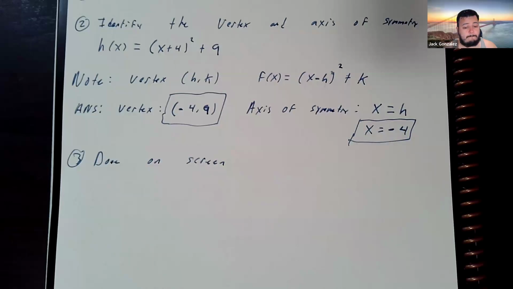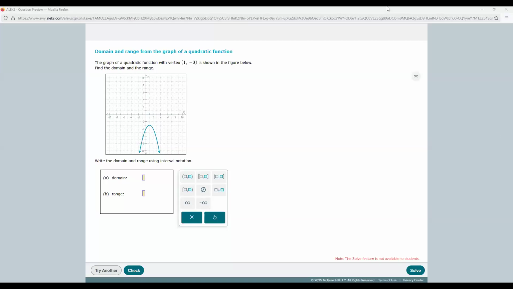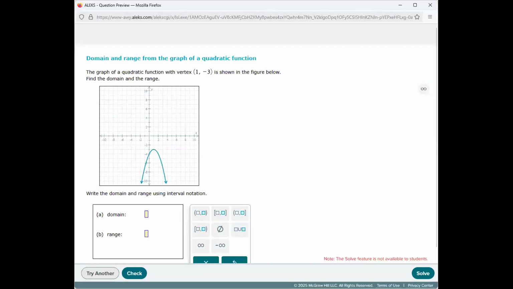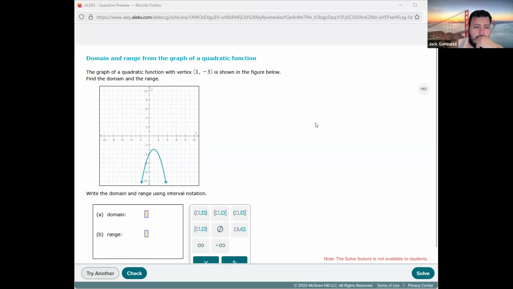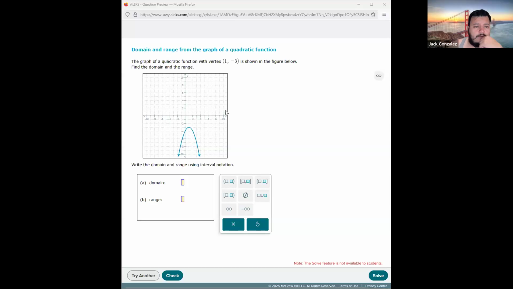All right, next one. You now see the screen? Alrighty, so here they're giving us the vertex at -1, -3. Then they're giving us the graph. So all they want to know is what's the domain, what is the range.